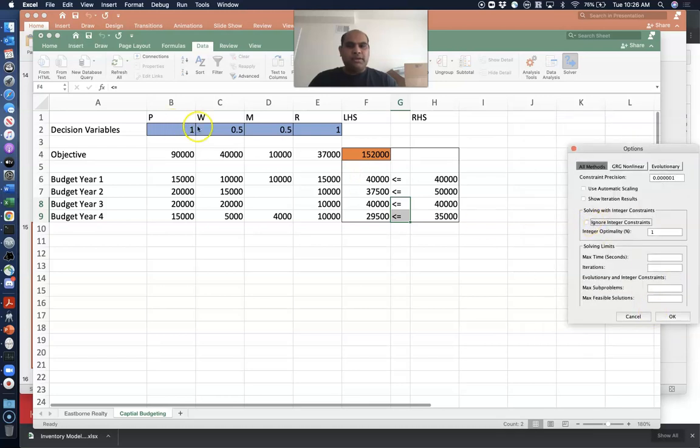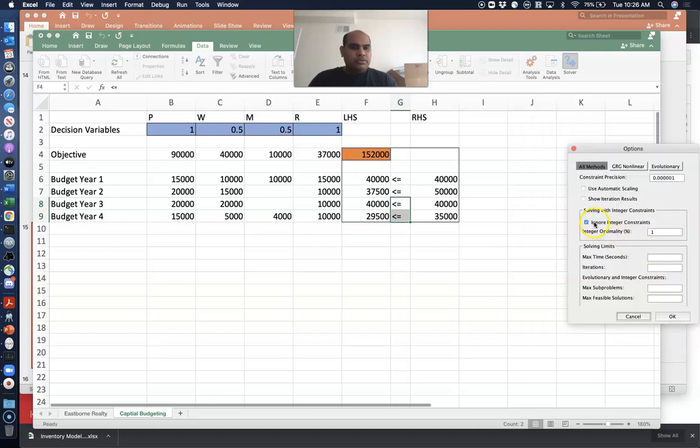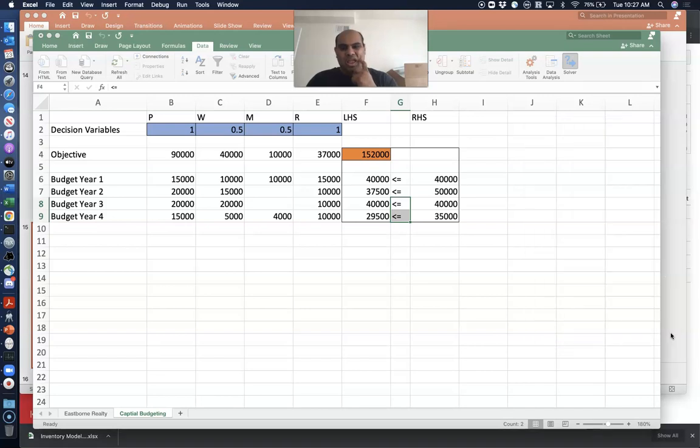If you do binary and you still end up with these numbers, click on those options. One of the options is ignore integer constraints. Uncheck that. You don't want to ignore integer constraints. You want the integer constraints to be valid.